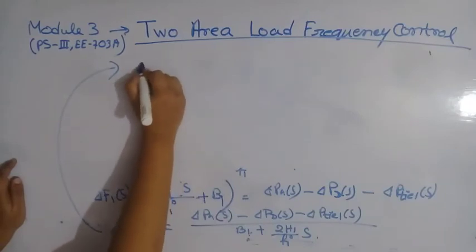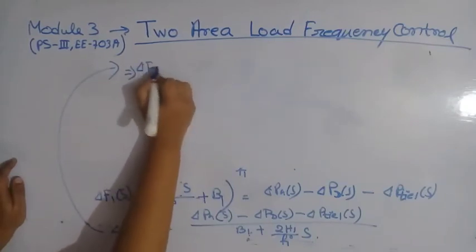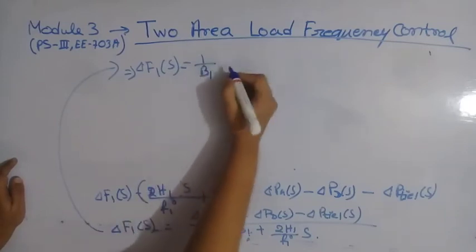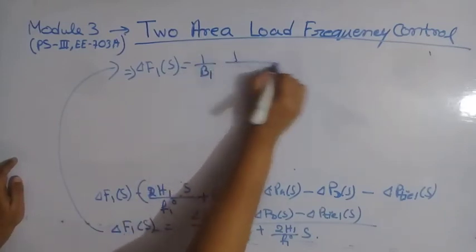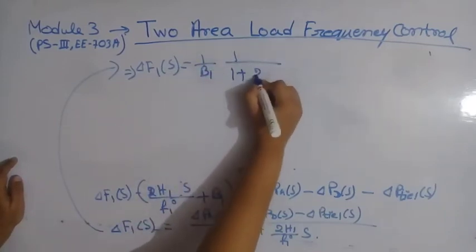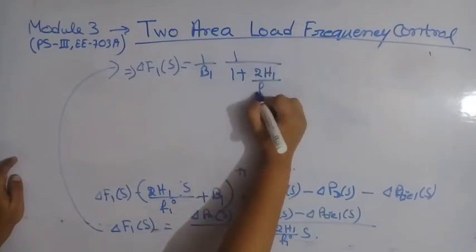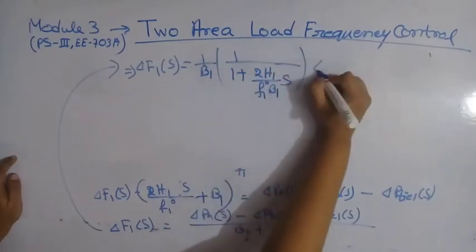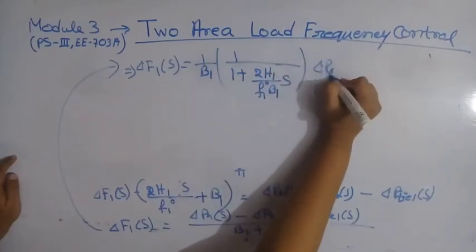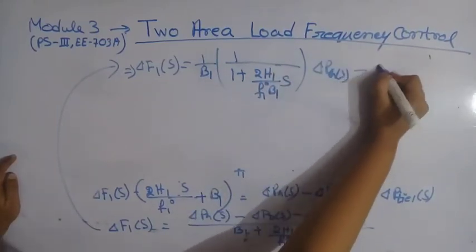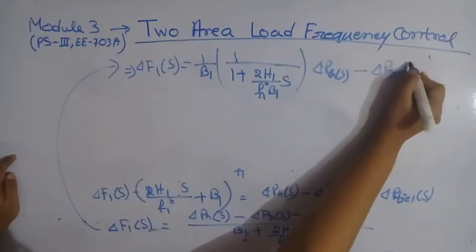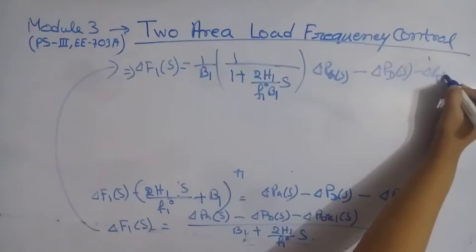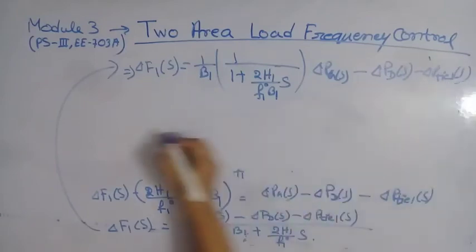Now we take common 1 by B1, so this becomes 1 plus 2H1 by f10 B1 into s, into delta PGs minus delta PDs minus delta P tie 1 s.